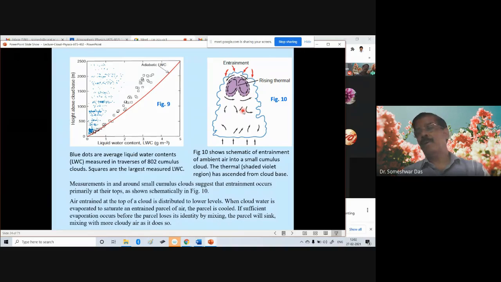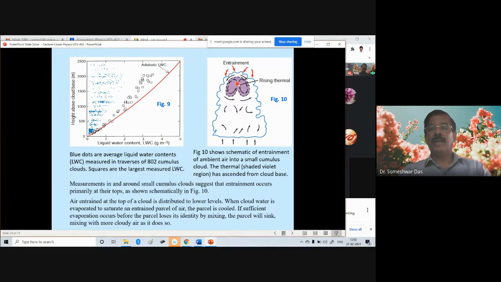And in a fully matured cumulonimbus cloud, as you know, somewhere below the top of the cloud, the downdrafts originate. One major cause of the downdraft is the cooling because of the evaporation of the cloud droplets, and the second is the weight of the raindrops, which are pulled down by gravity.